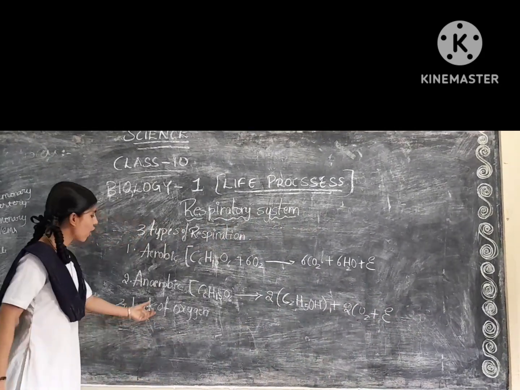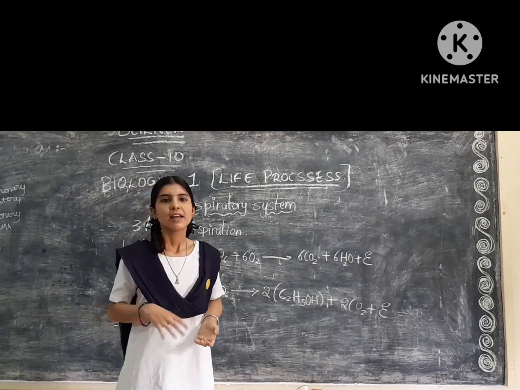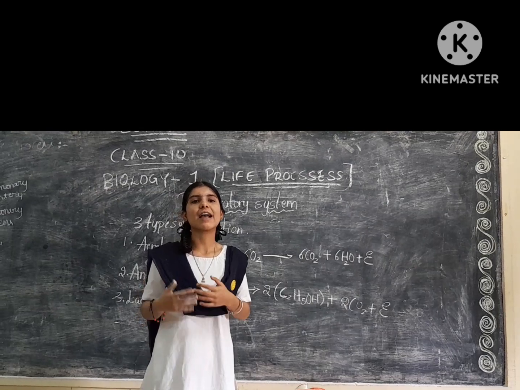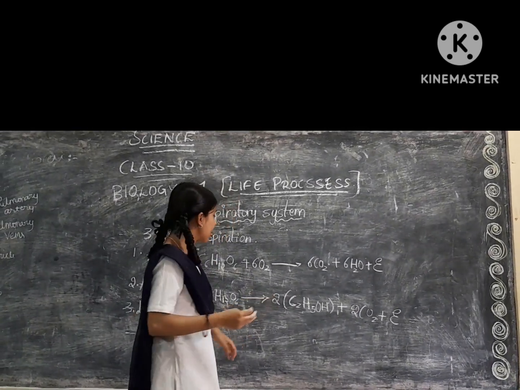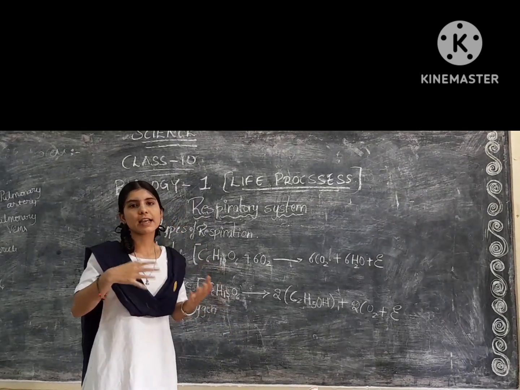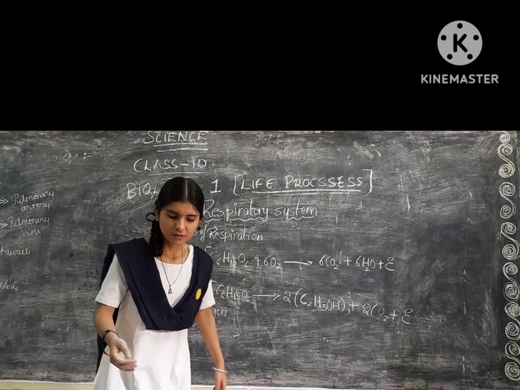Next, lack of oxygen. When there is a lack of oxygen in our muscle, the pyruvate is converted into lactic acid. When this 3-carbon molecule builds up as lactic acid in our muscles during sudden exertion, it causes cramps.